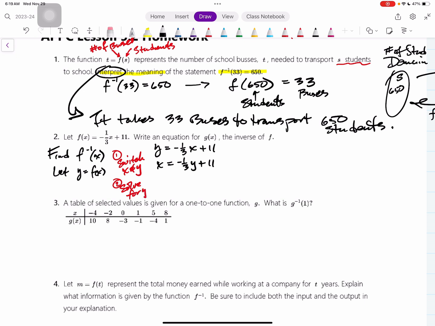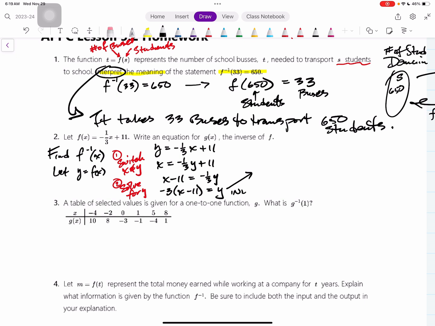Let's do it. I'm going to subtract 11, so x minus 11 is equal to negative 1/3 y. Piece of cake. Then you multiply both sides by negative 3. So negative 3 times both sides gives you y, and that gives you the inverse.